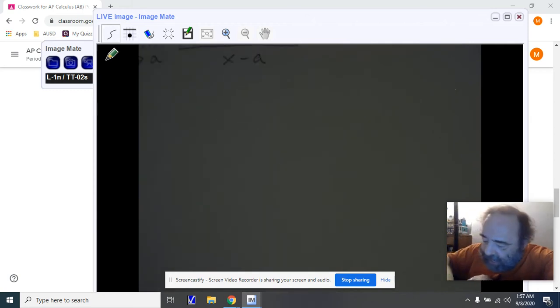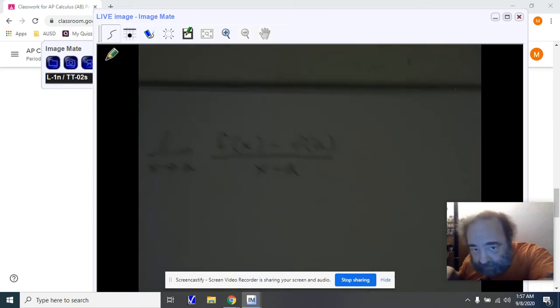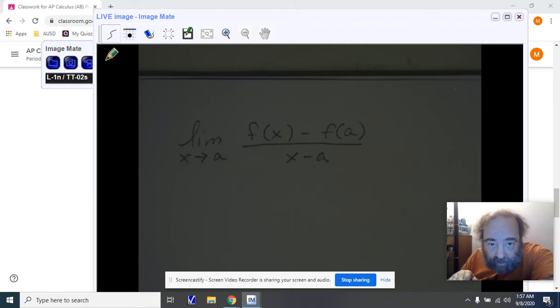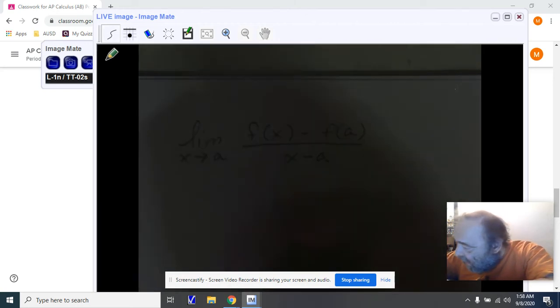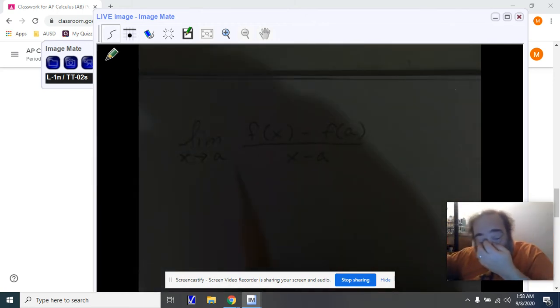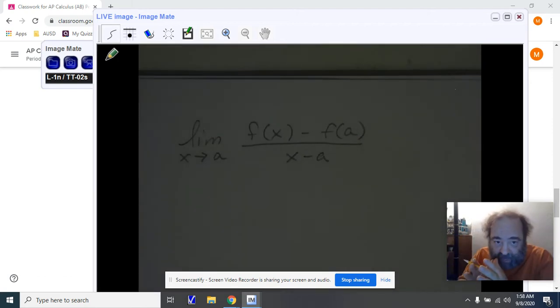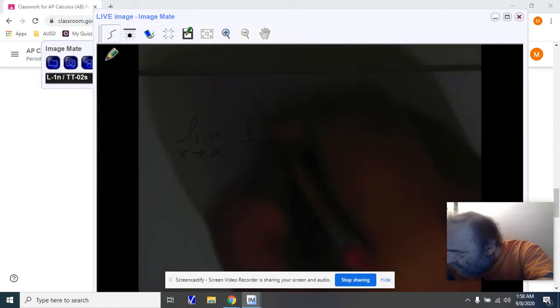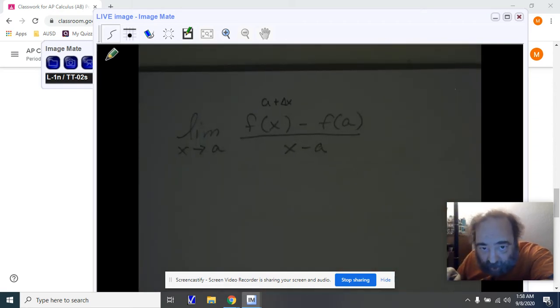So let's just see how this is working. I currently have a graph, and I'm looking at a slope of a graph. If you think about x as a change, as x approaches the a value, what I'm looking at is a plus a delta x, where that delta x is getting smaller and smaller.